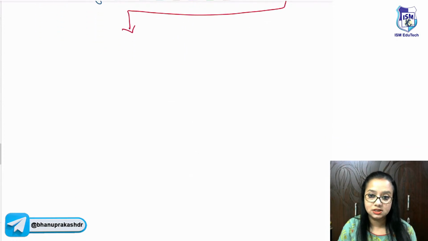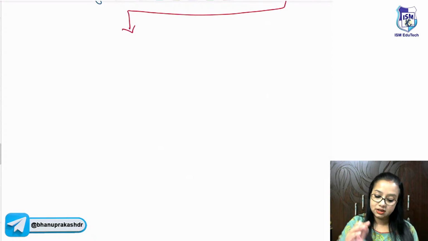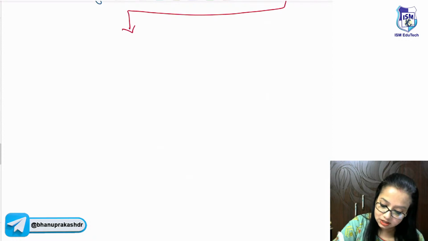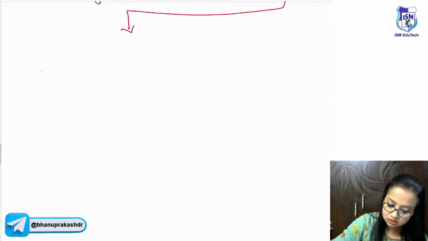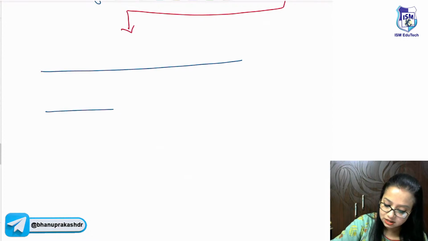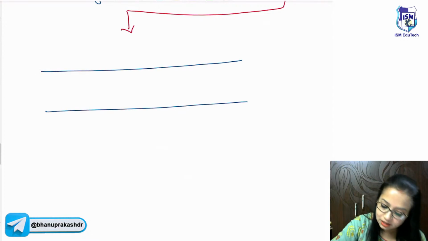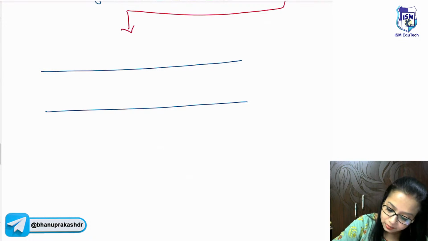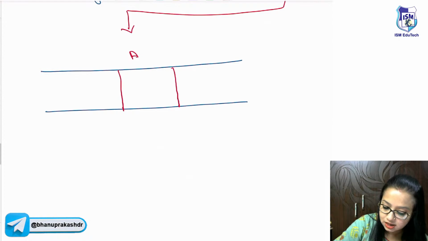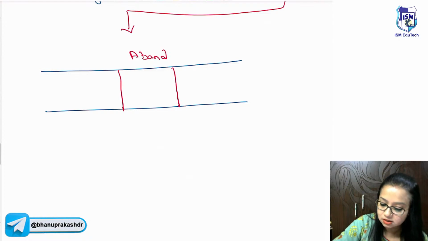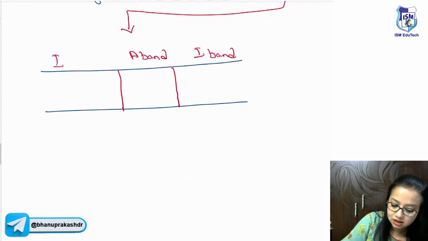How does this region, if I expand it, how will it look? It will look something like this. In between, we have the A band.